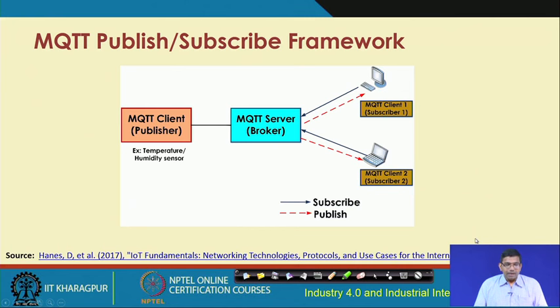So, this is an example of how the MQTT publish subscribe framework works. Look at this particular picture. We have the MQTT client, which is the publisher on one hand.